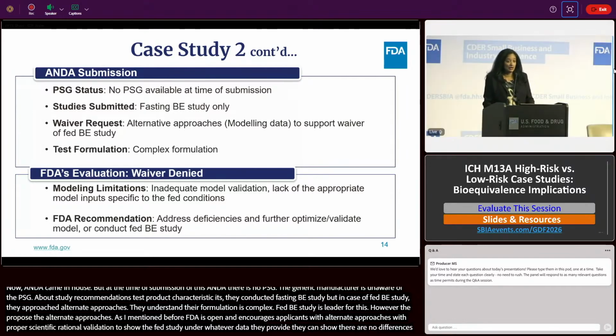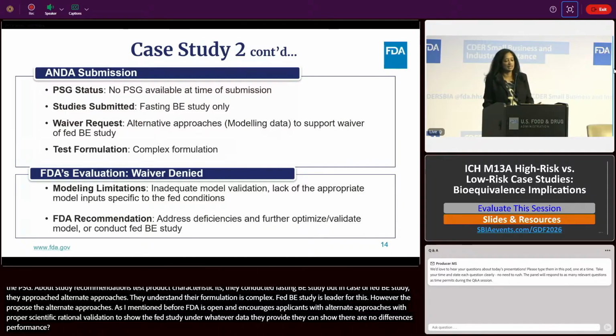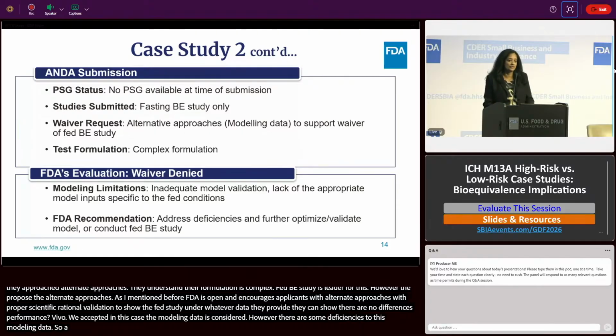In this case, we did accept, in the sense the methodology modeling data is considered. However, there are some deficiencies related to this modeling data. So a letter was sent out to address those if they want to choose this alternate approach pathway, or alternatively conduct a fed BE study to demonstrate the bioequivalence between both the products.